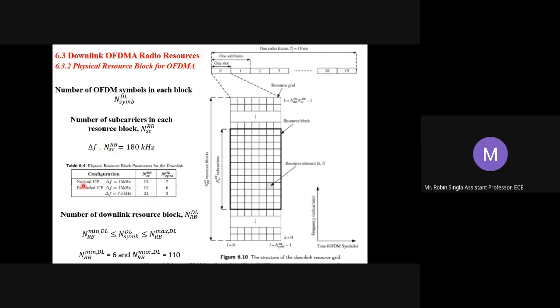You see this table. In case of normal cyclic prefix, delta F 15 kilohertz, the number of subcarriers is 12 and the number of OFDM symbols is 7. For extended CP, with 15 kilohertz, we have 12 subcarriers and 6 OFDM symbols.